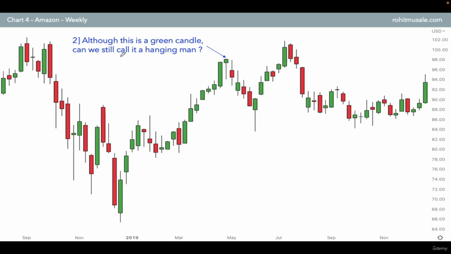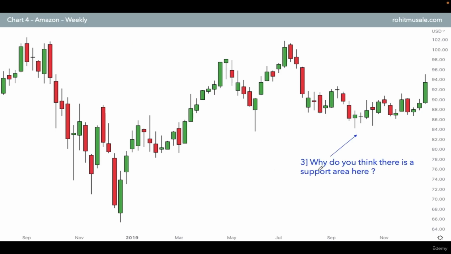Although this is a green candle, can we still call it a hanging man? So if you look at this candle, of course it's a hanging man. The color does not matter. Why do you think there is a support area here? In this area, obviously, if we continue to draw that line, okay, if we continue to draw that line, so that line has become support.